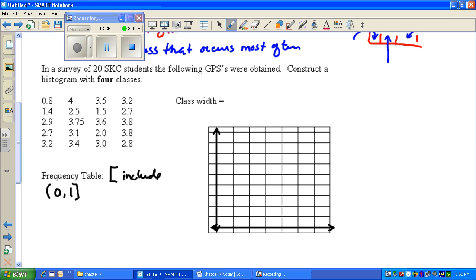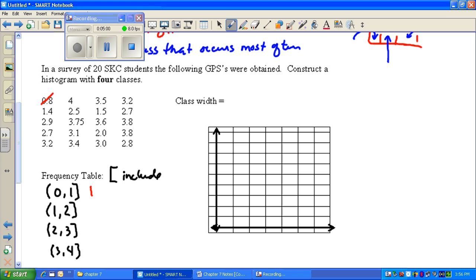So my next bin is going to be anything after a 1, but not a 1, all the way up to a 2, including all the 2s. And then my third class is going to be 2s to the 3s, including the 3s, and then a 3 to a 4.0.